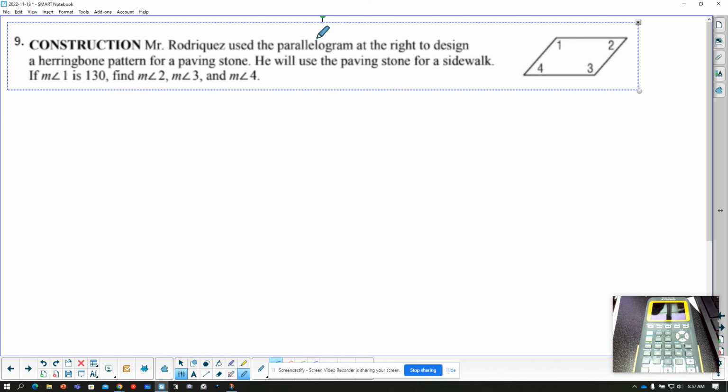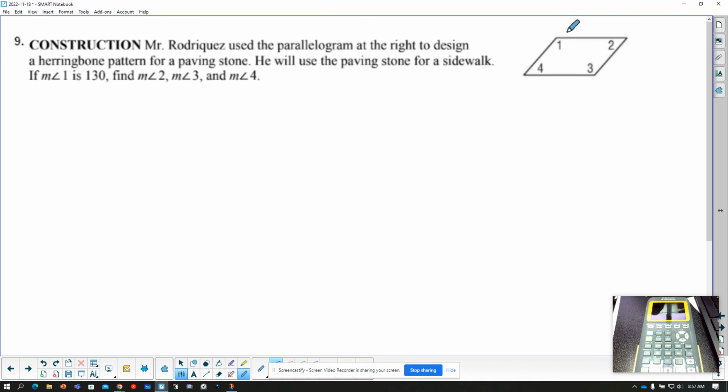Last question. We got this parallelogram, right? This design here says angle 1 is 130. Find the other angles. So if this is 130, then I know this one is 130. And the ones next to it are supplementary. So 180 minus 130 is 50.